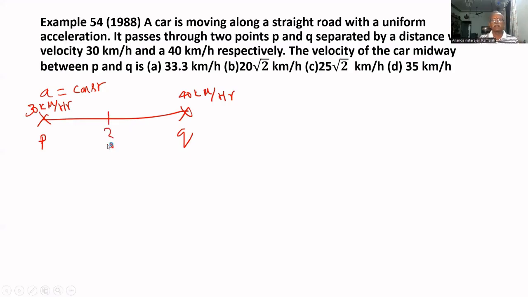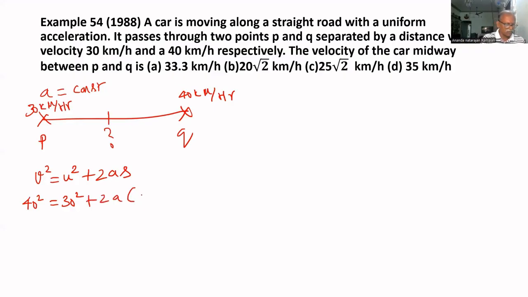Here, what is the velocity that is asked? So we have to find the acceleration. From v square equal to u square plus 2as we can find the acceleration. v square equals 40 square, u square is 30 square, plus 2a s. s is not given.